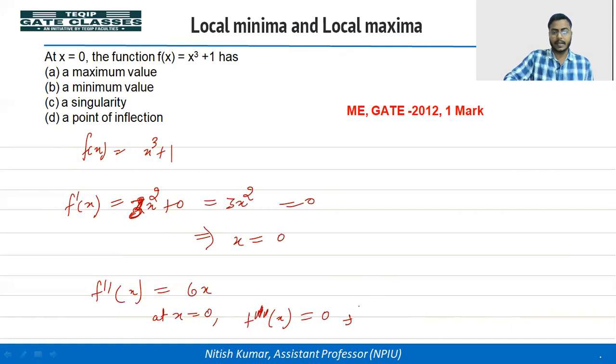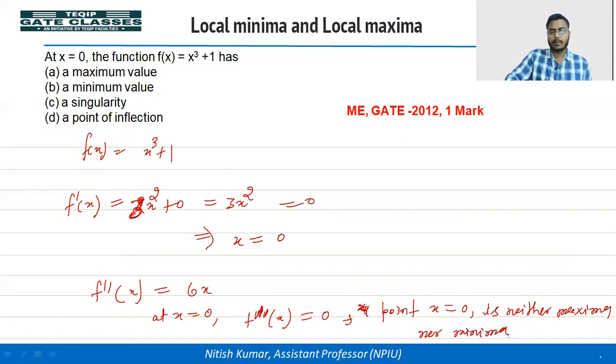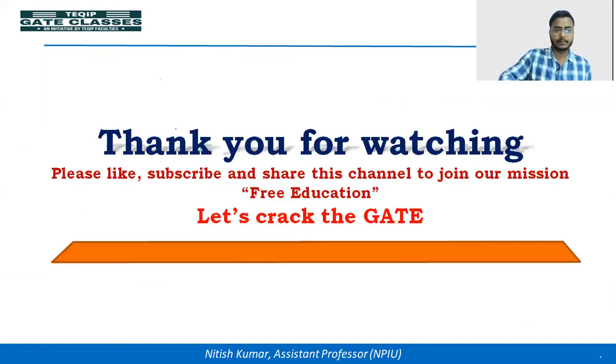So we can say that the point at x is equal to 0 is neither maxima nor minima, right? So that is option D, a point of inflection. A point that is neither maxima nor minima is called the point of inflection.